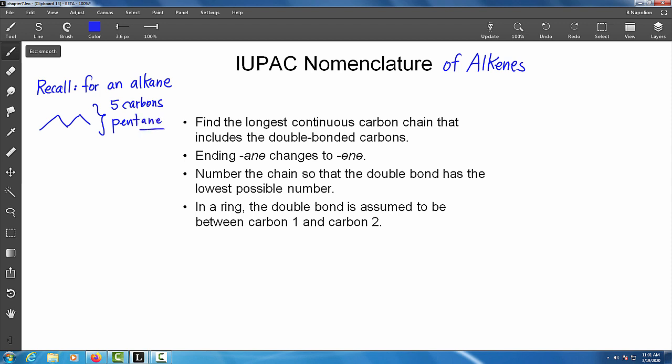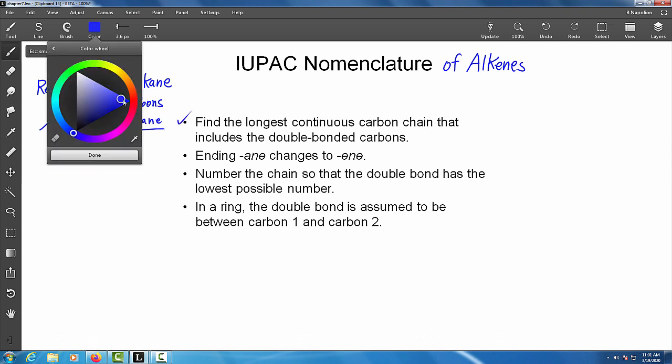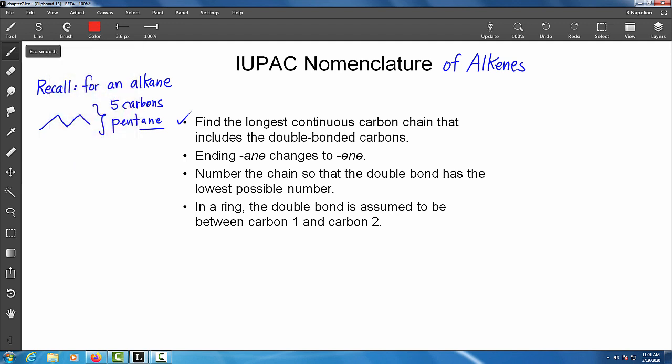Okay, now the rule is consistent. We need to find our longest carbon-carbon chain for an alkene.